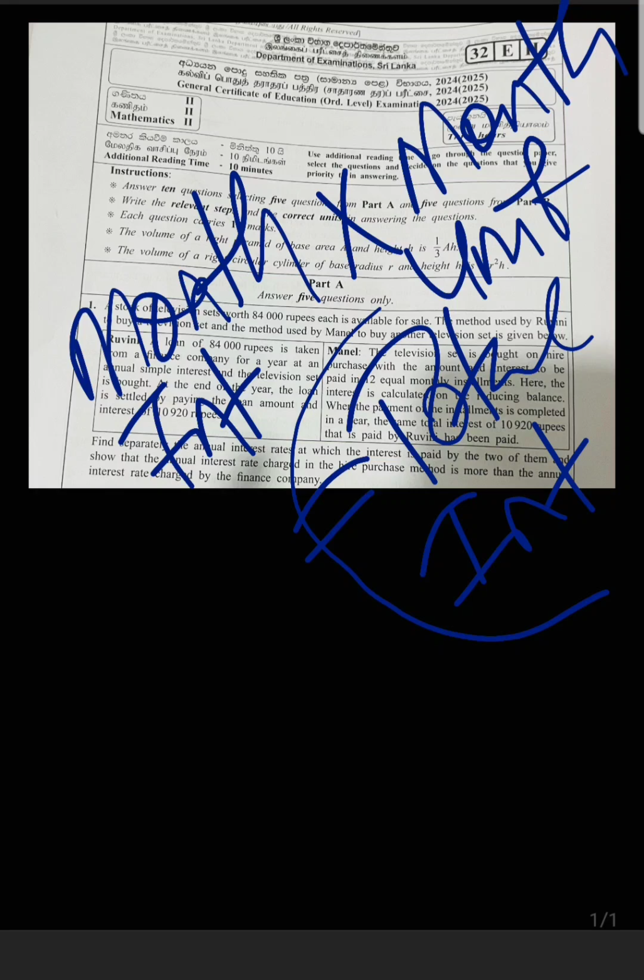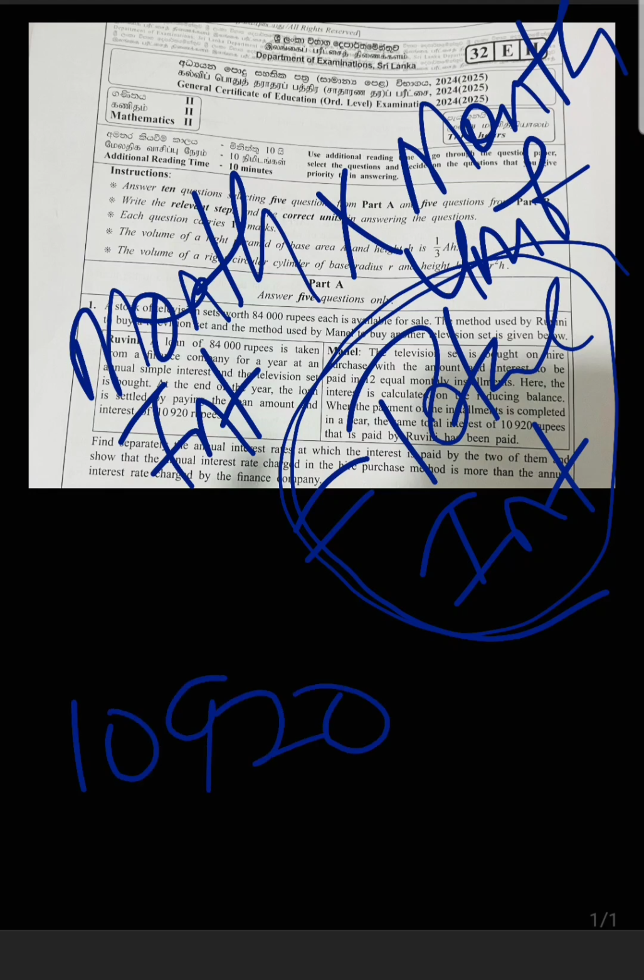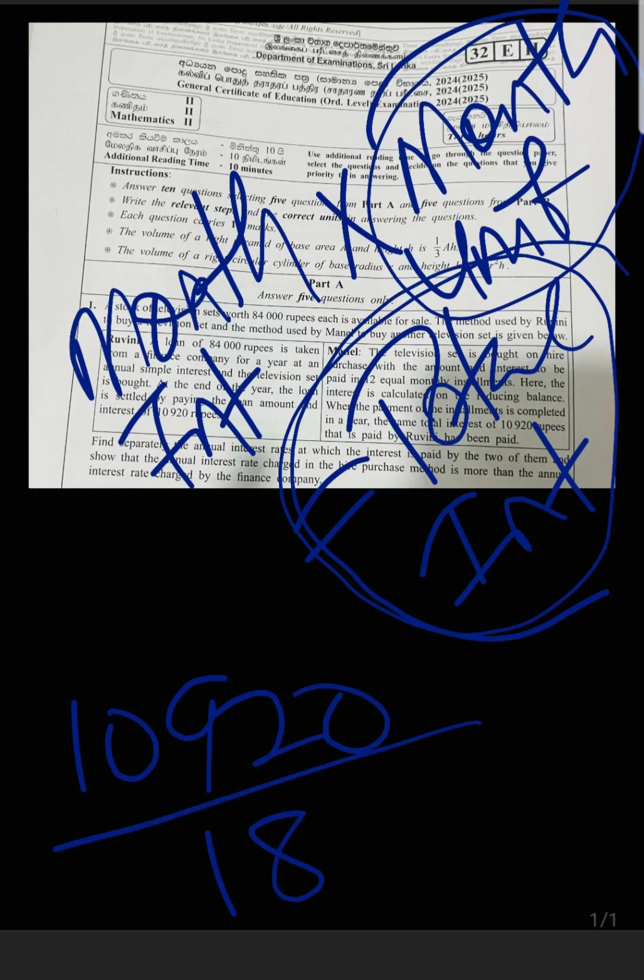In this question, we are doing the reverse method. We know the total interest. The total interest is 10,920. And we know the month units. So if you want to calculate the month interest, it means the interest for a month unit, you have to divide the total interest by the month units.